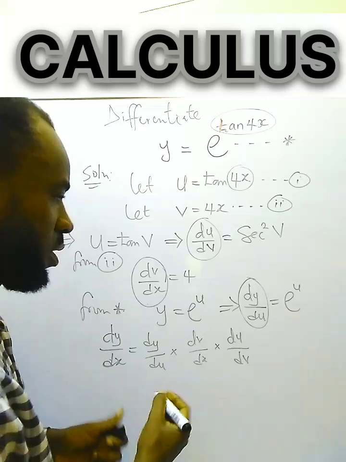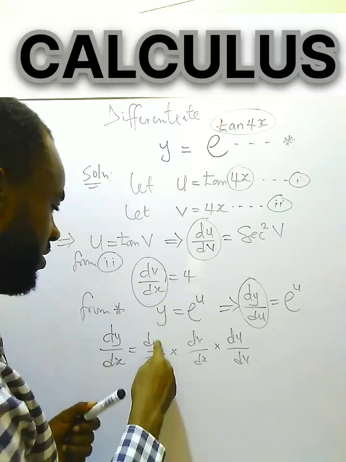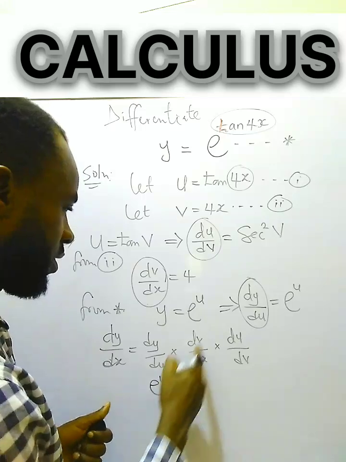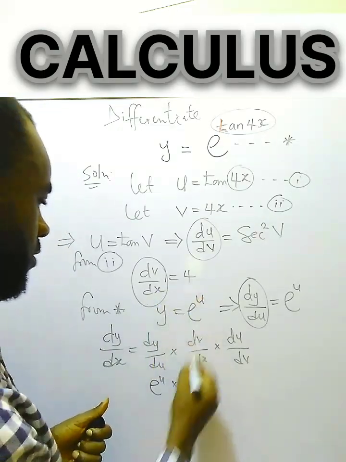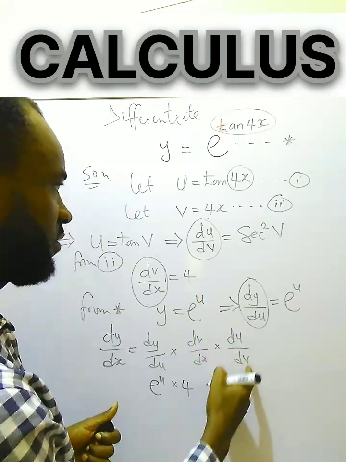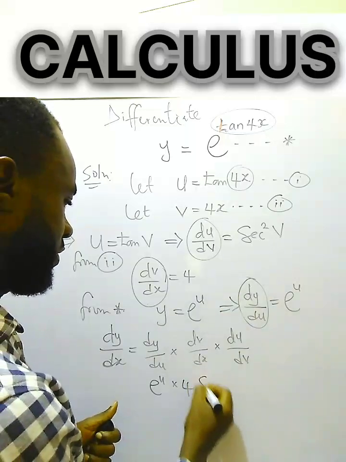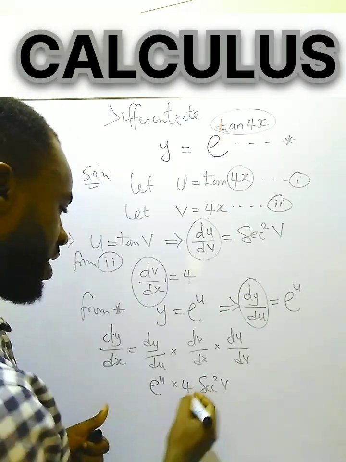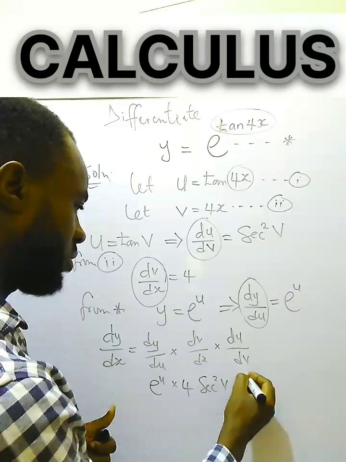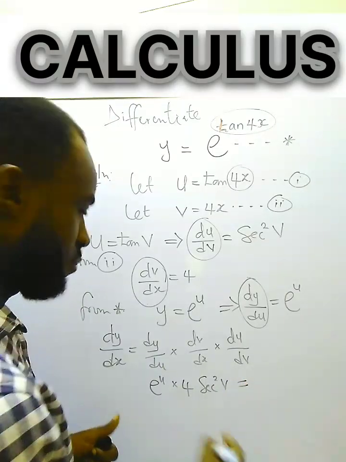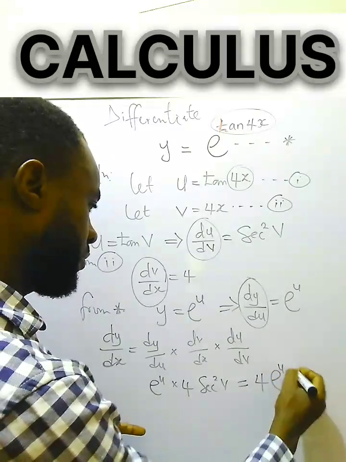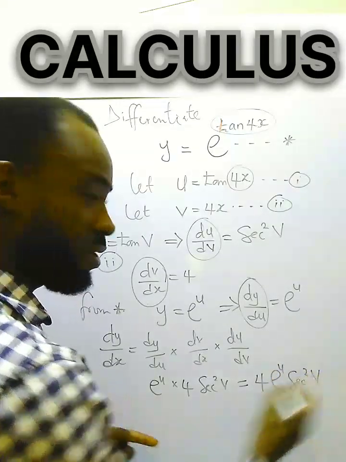So let's go. What do we have as our dy/du? We have e raised to the power of u, dv/dx is 4, and then du/dv is sec square v. And by the time I multiply all this, that will give me 4e^u sec square v.